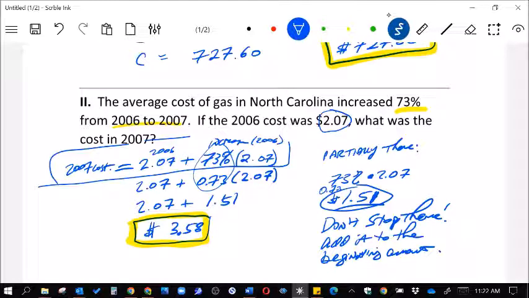It's not really a variable in there. You're not actually solving for a variable. You're just getting the amount. So that 2006 amount plus the increase from that 2006 amount, which is that $1.51. So if you do the $1.51 alone, don't forget to add it in. And that's a very vital, important part of that.